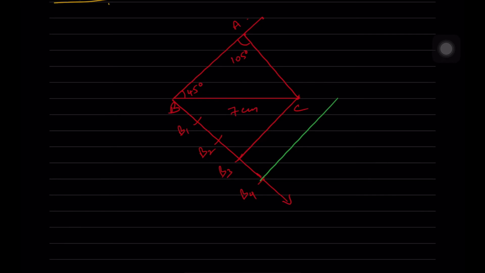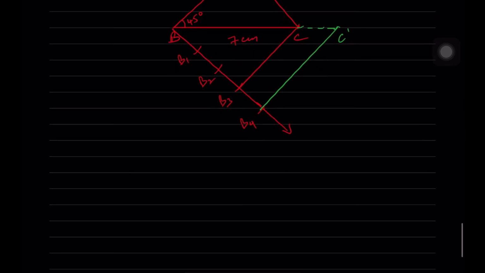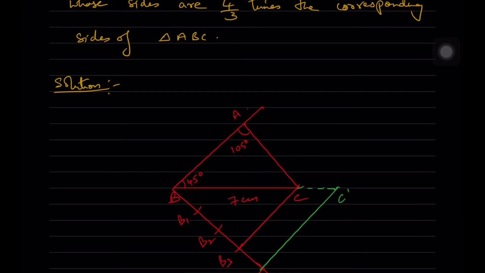We extend this line BC to C dash. Then from here again you draw a line parallel to AC, that is A dash C dash. This line also will extend. So our required triangle is A dash B C dash. This is the required triangle.